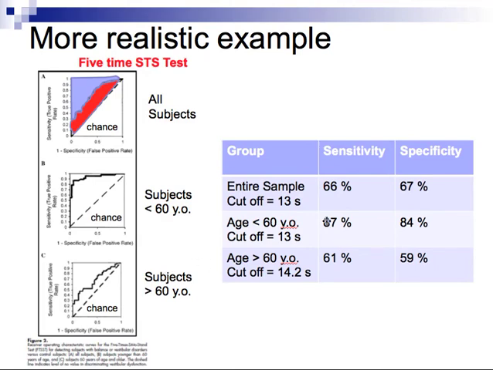So a cutoff of 13 seconds would be about this point right here where the cursor is. So if we were to use a 5-time sit-to-stand task in participants that were under 60 years old, our sensitivity and specificity would be quite high, in the 80 to 90 range, or approaching 90, indicating many fewer false negative and false positive categorizations of people at falls risk.